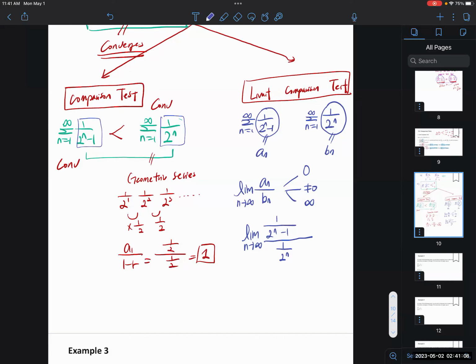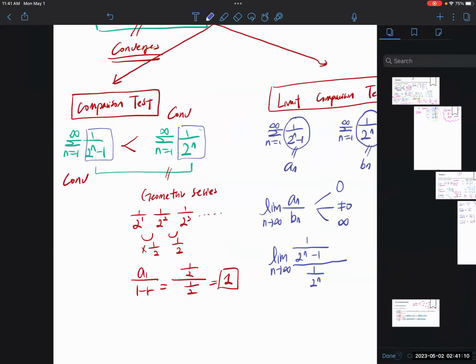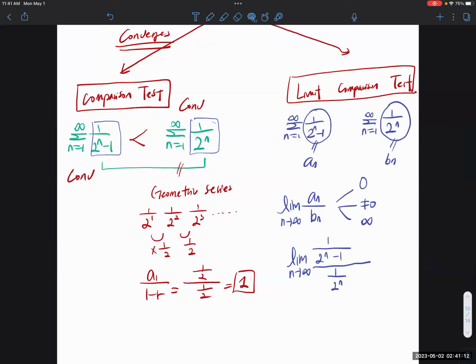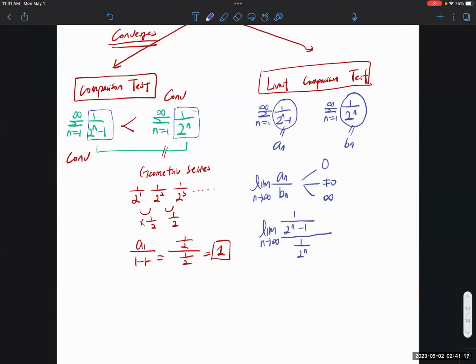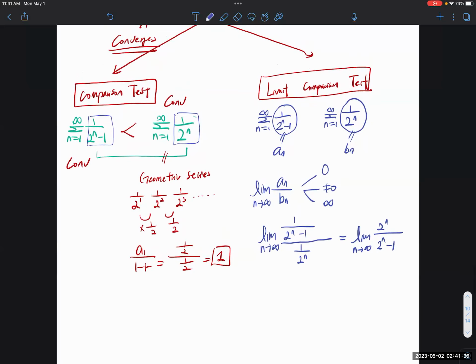But if you simplify this fraction, let me make it a little bit smaller. This double fraction means 1, 1 cancel. It means 2 to the n over 2 to the n minus 1. You're going to divide it and cancel everything. So this fraction becomes that.